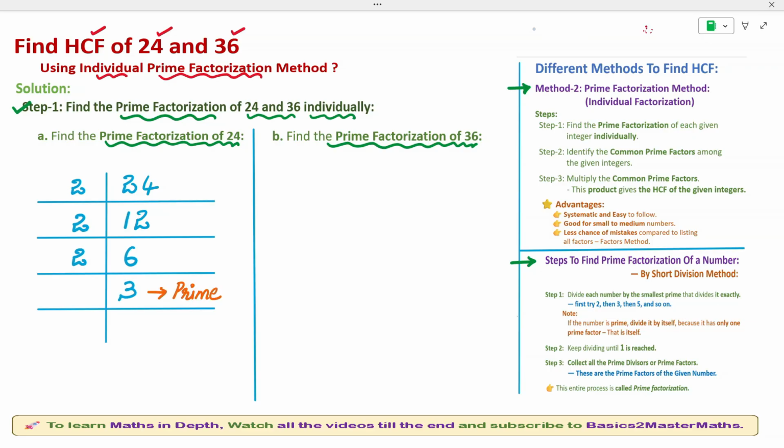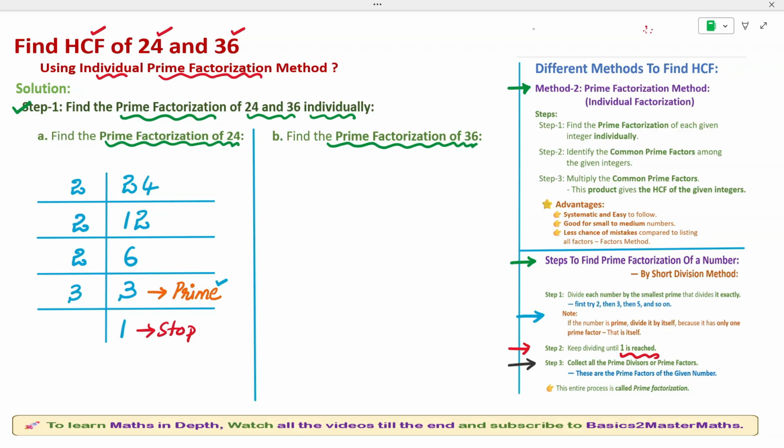Observe here, 3 is a prime number. So, divide it by itself. Since 3 divides 3 exactly, we get 1. As per the rule, please stop here since 1 is reached.